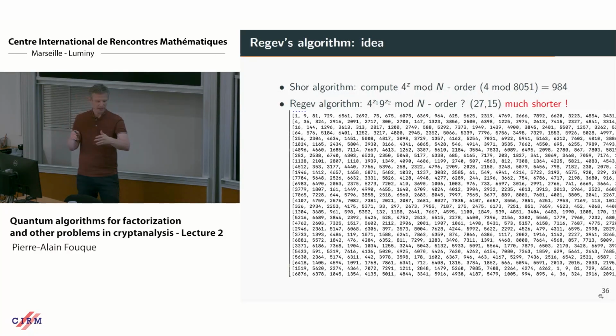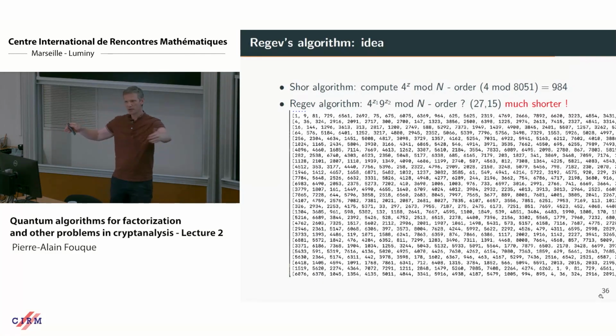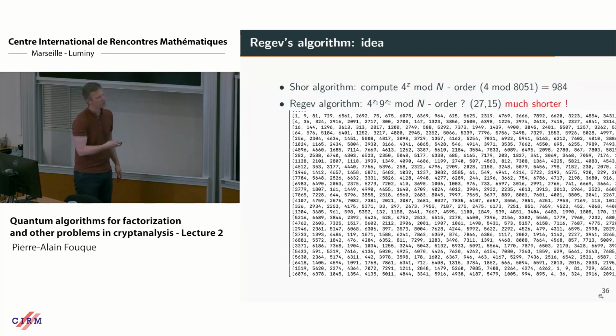What does it mean? When you have to implement your oracle, you don't have to have too many controlled multiplications. So the number of controlled multiplications will be much, much smaller. And this is a very helpful thing.